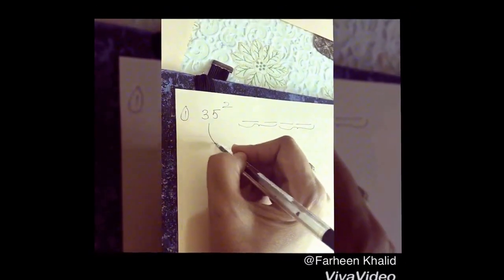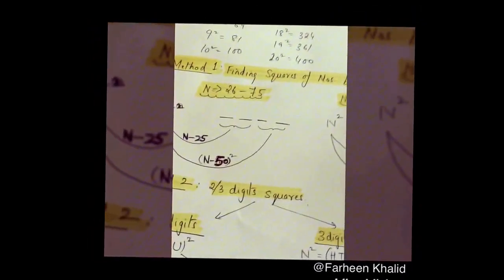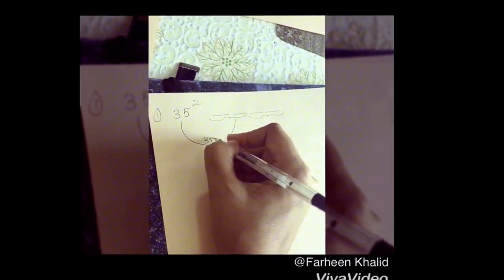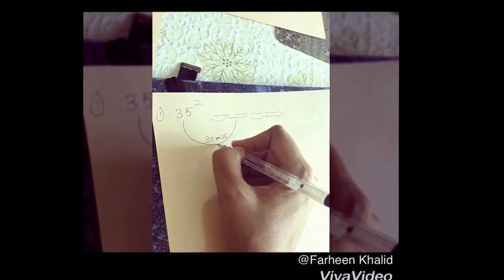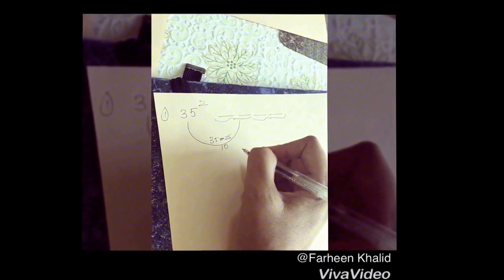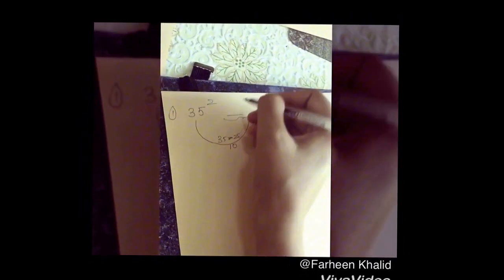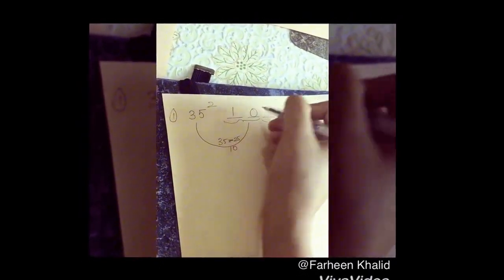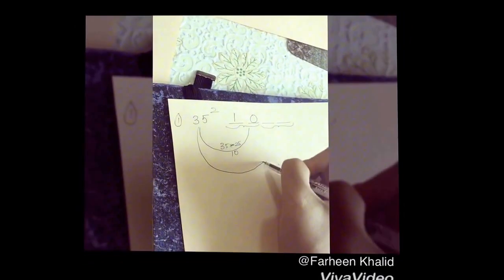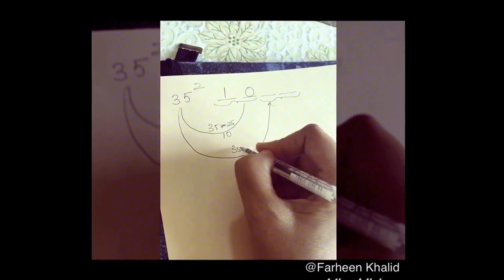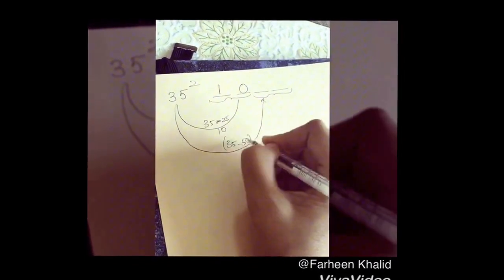So what's the trick for the first 2 digits? It is n minus 25, which means 35 minus 25, which is how much? 10. So we put here 10, 1 0. Now the next step is to find the last 2 digits, and it's going to be n minus 50, squared, which is 35 minus 50, and you square it.